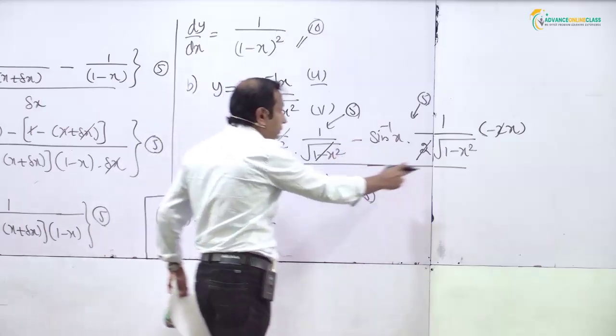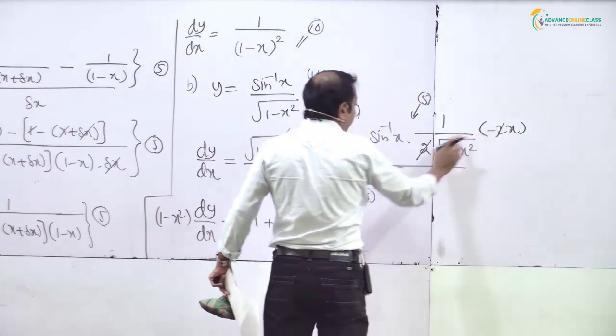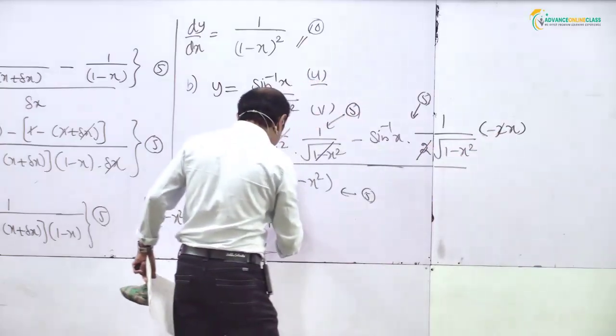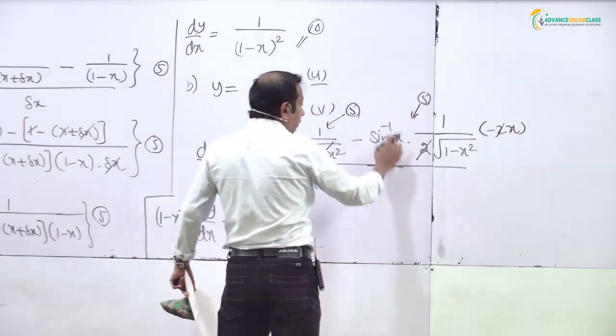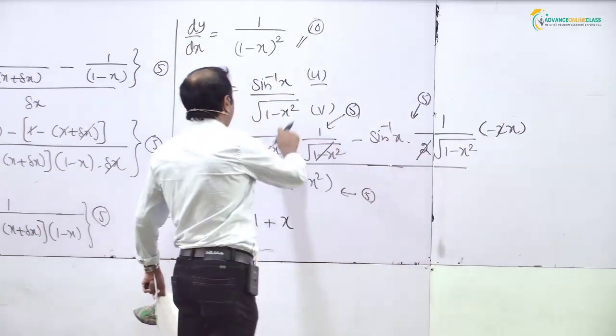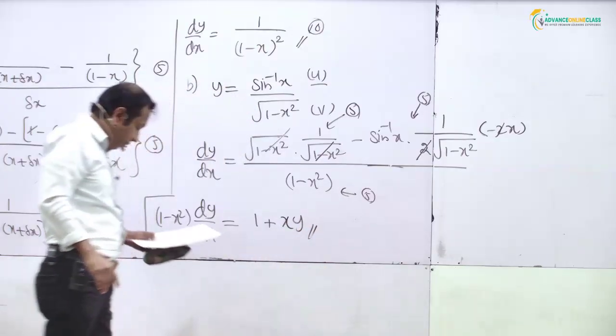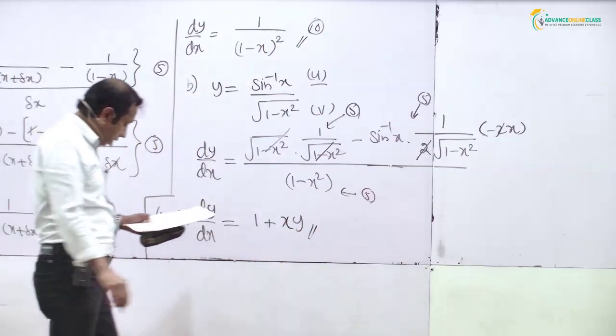Here x times sin inverse x divided by square root of 1 minus x squared, which is y. So 1 plus xy is coming. So that 10 marks coming now.